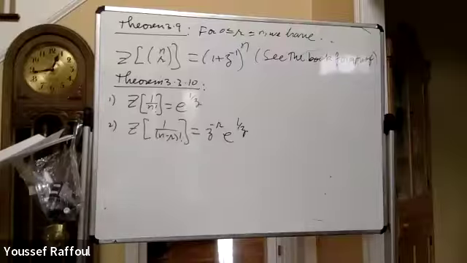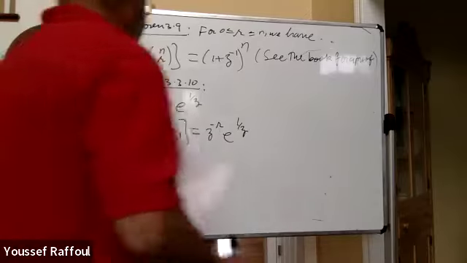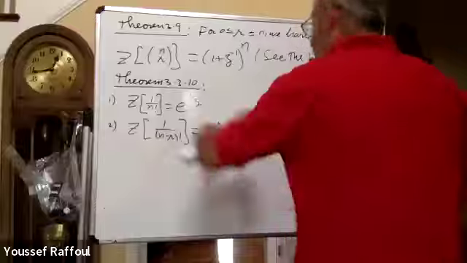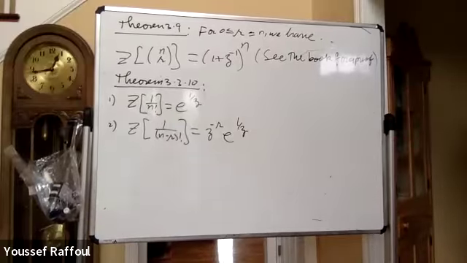Okay? Think about this for a second. How would you do this? Write out the formula for the Z transform of 1 over n factorial. Go ahead and write it out.